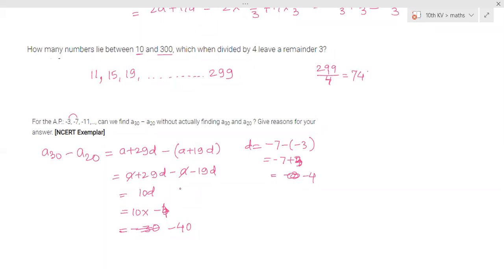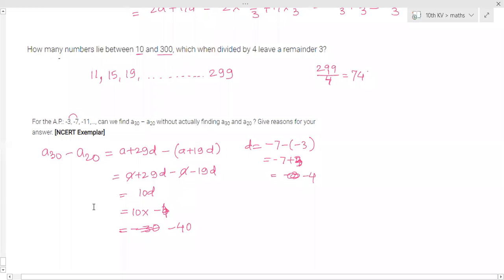Ma'am, we can also find this answer through the formula D is equal to AM minus AN by M minus N. But you don't know the 30th and 20th terms. Okay, so you just have to find the difference. We have the common difference, and the 30 minus 20 we have, right?